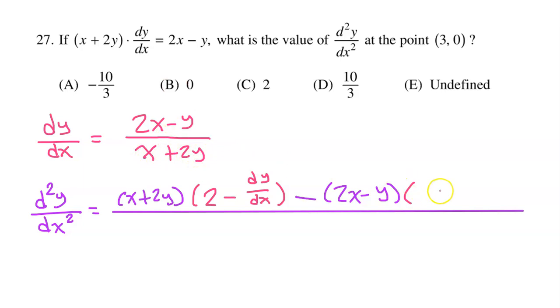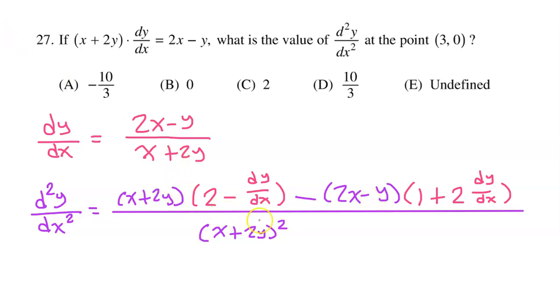The derivative of x is 1, and the derivative of 2y is 2 dy dx. Draw the line and down below, the bottom squared will go. So we have x plus 2y squared. This is an expression for the second derivative.